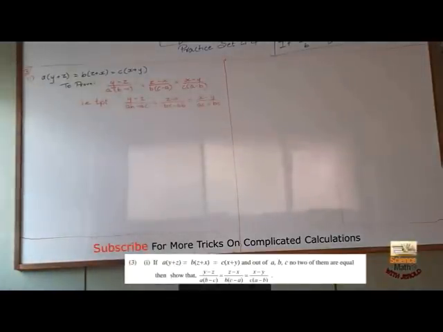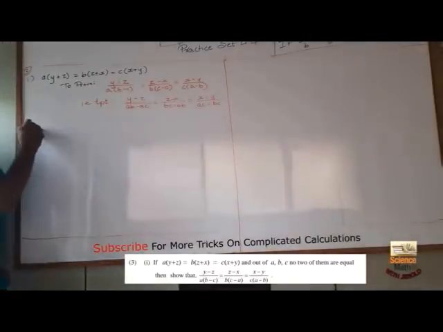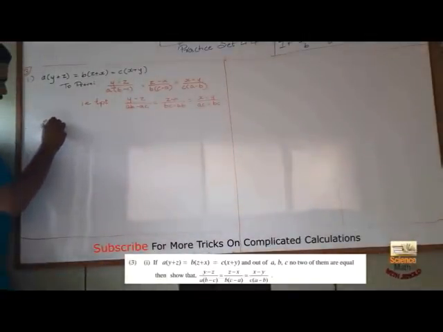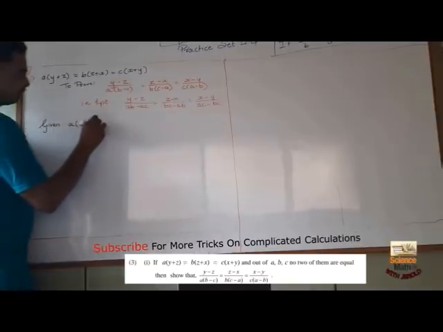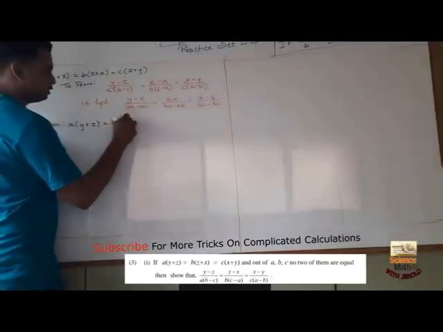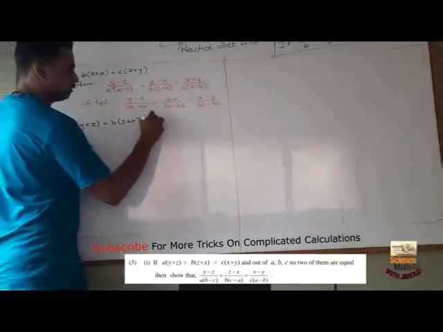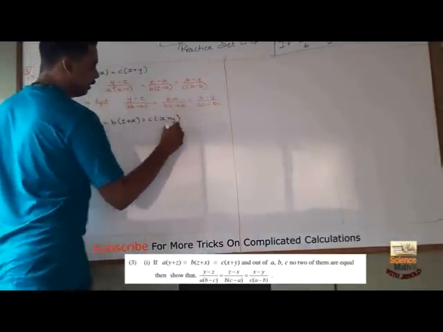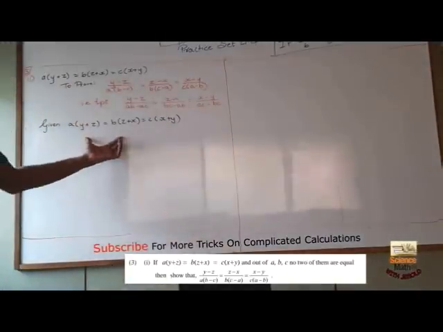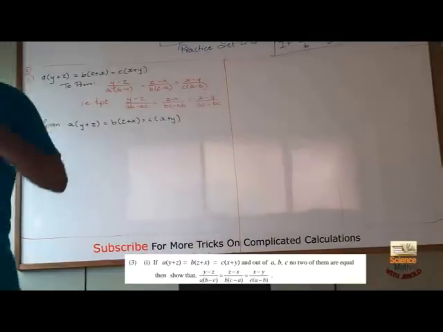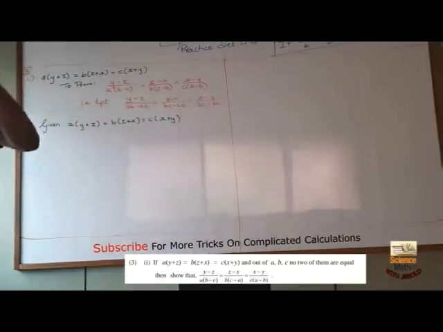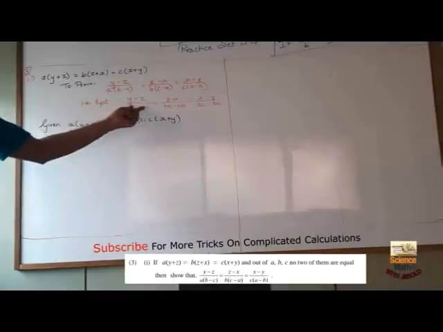Now let's see what we can do with the question given. (y + z)/a is equal to (z + x)/b is equal to (x + y)/c. If you observe the question and the answer that I want, you will see that magically I get the numbers a, b and c. If I have a, I want b and c.